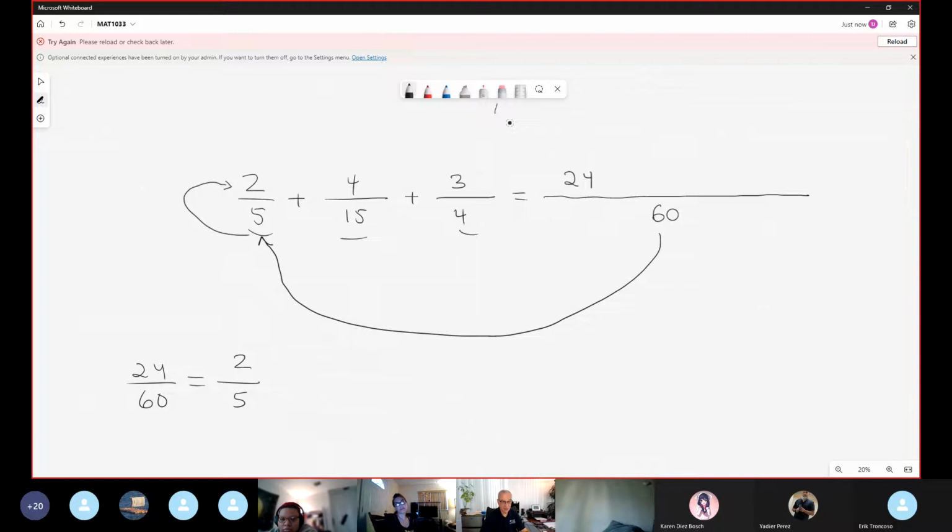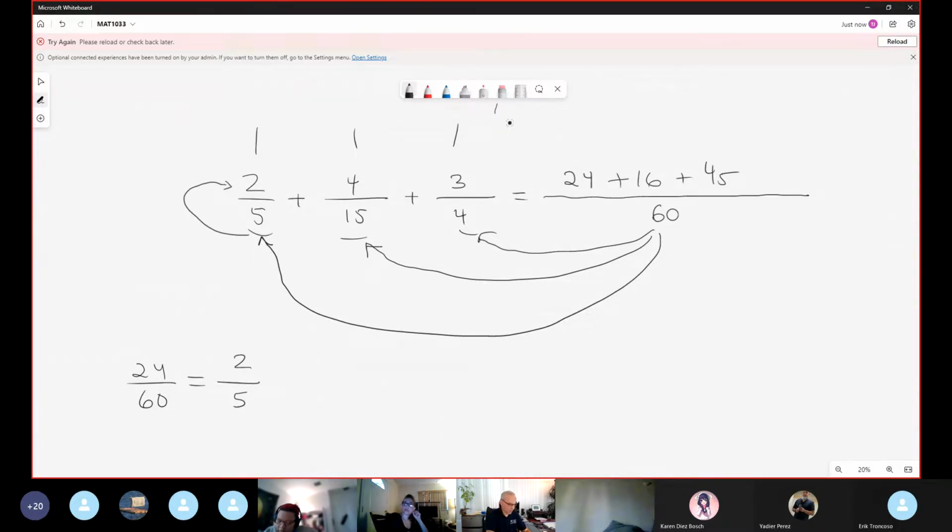It's the same fraction, but I need to use 60 because my goal is to express the three fractions using a common denominator, because it's easy. Now 60 divided by 15 is 4, and 4 times 4 is 16. Do you follow me? And 60 divided by 4 is 15, and 15 times 3 is 45.